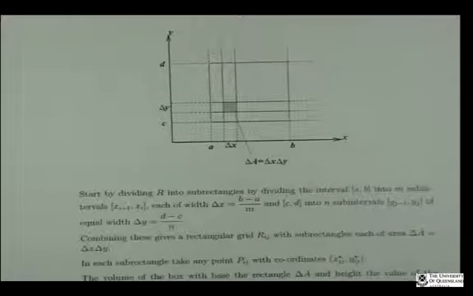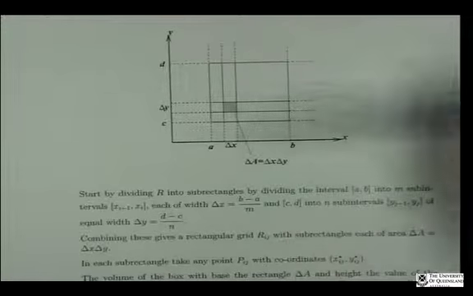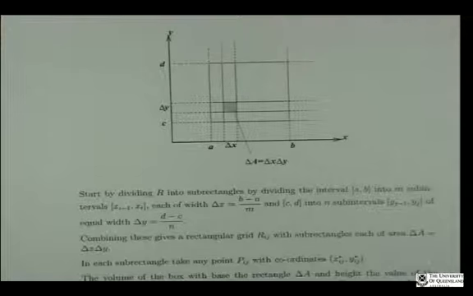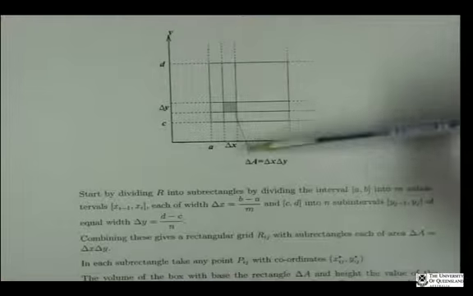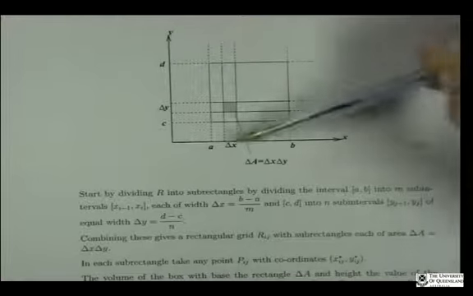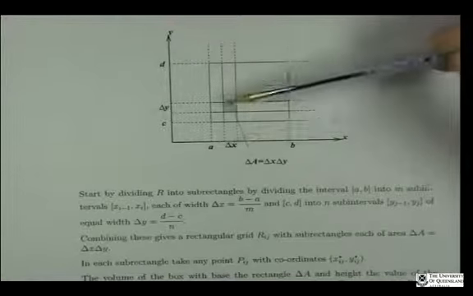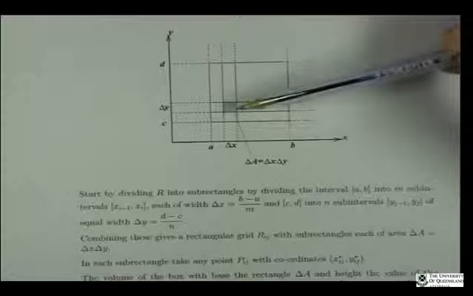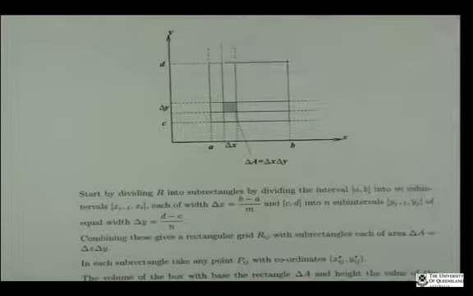What we're going to do now is take our region in the xy plane and partition it up into small grid squares, with dimensions delta x being the width of one of these grid squares in the x direction, and delta y being the depth, or the width in the y direction.